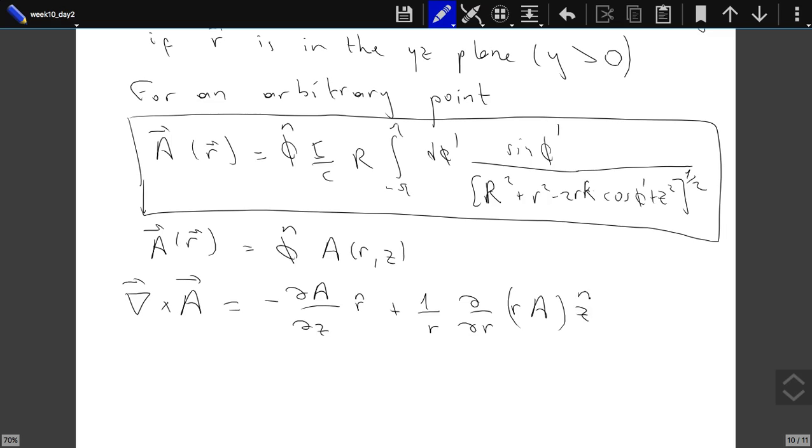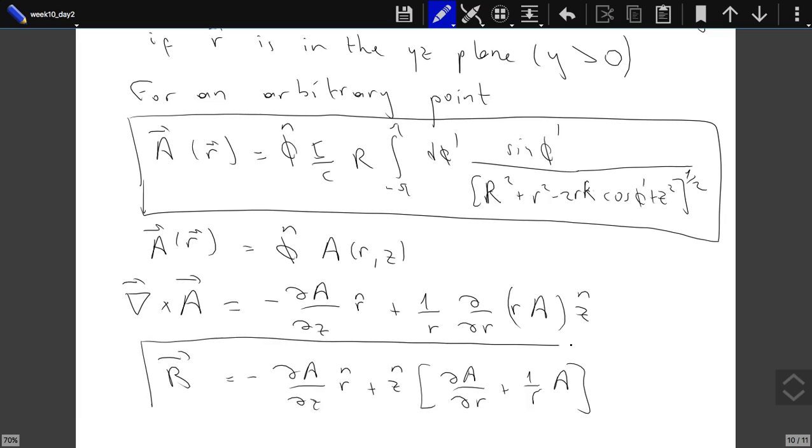Minus del A over del z in the r hat direction plus, in the z hat direction, if you just take these derivatives, derivative of A with respect to r plus 1 over r times A. Okay, so this is B. The only thing we need to do is just somehow evaluate this integral as a function of phi.